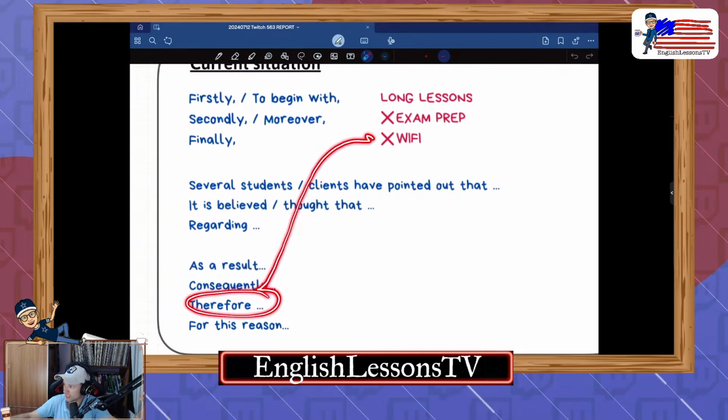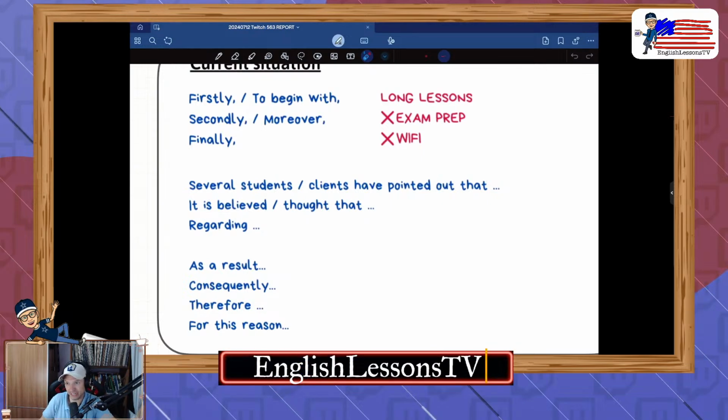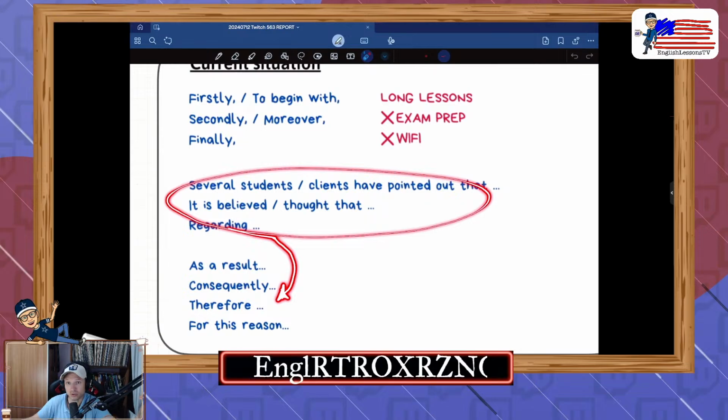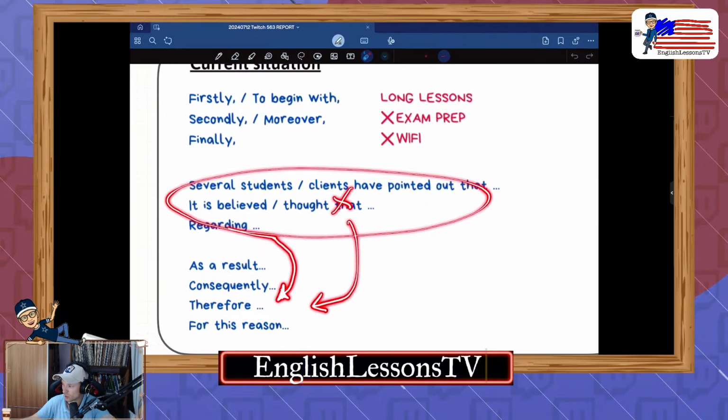Therefore, students cannot use the internet in a positive way to study English. So it's an idea of showing the problem and why it is a problem. Why this has turned into a problem.